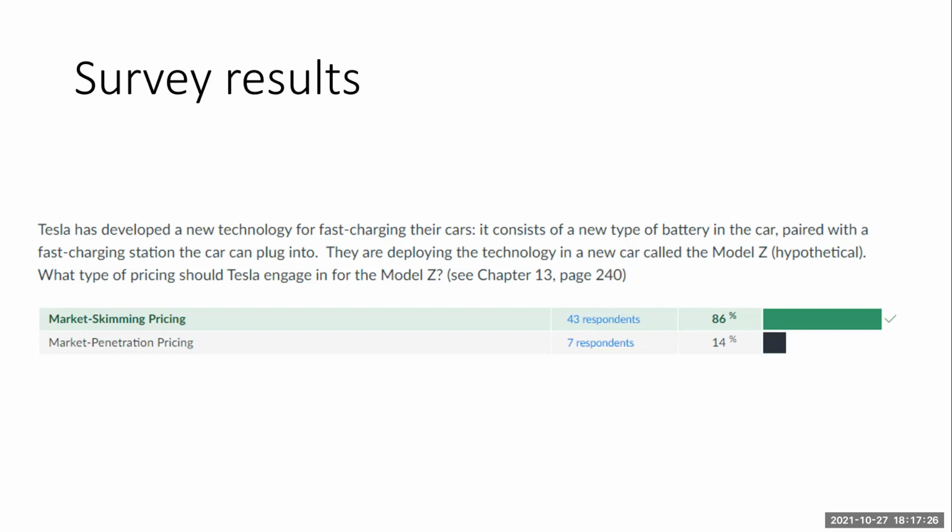So I put market skimming because Tesla is actually a luxury car. I think it's not something that everyone invests in because it's very expensive. As you mentioned before in the previous slide, I think consumers who are willing to pay a high price are comparatively impatient.